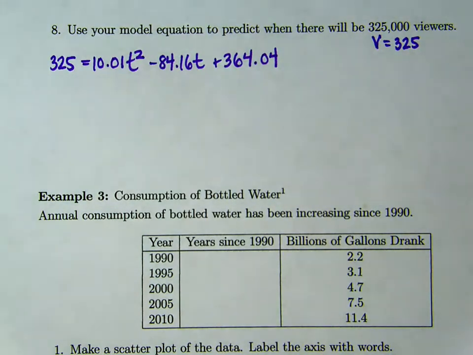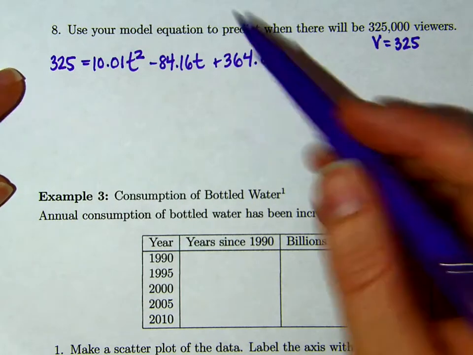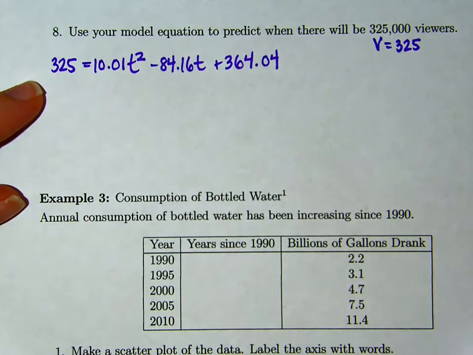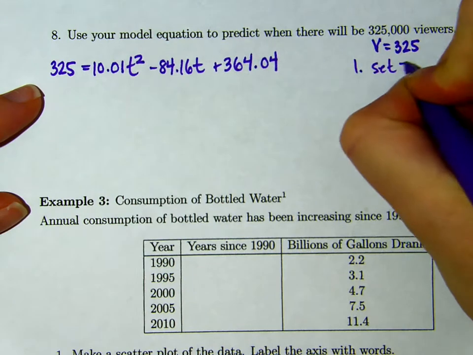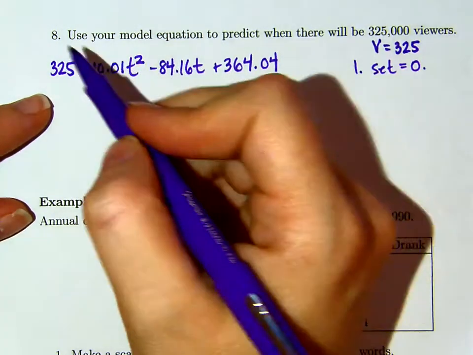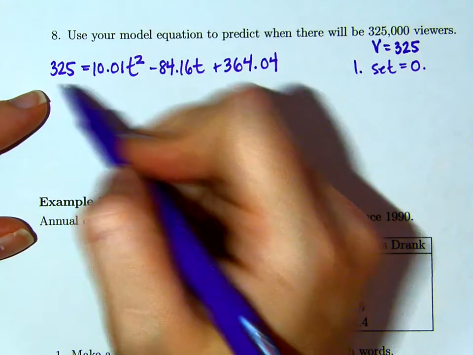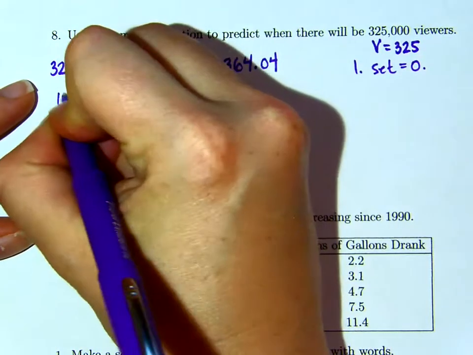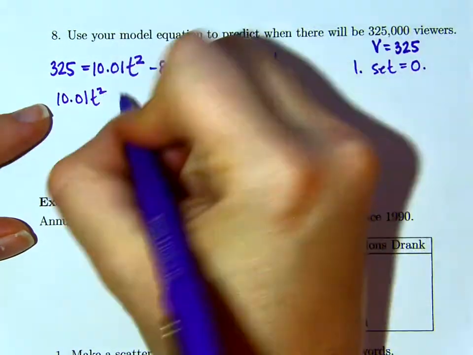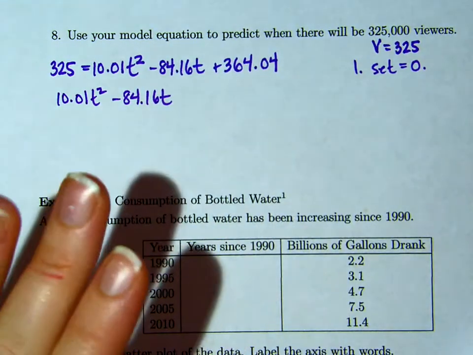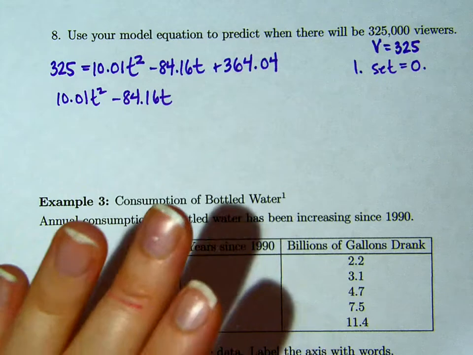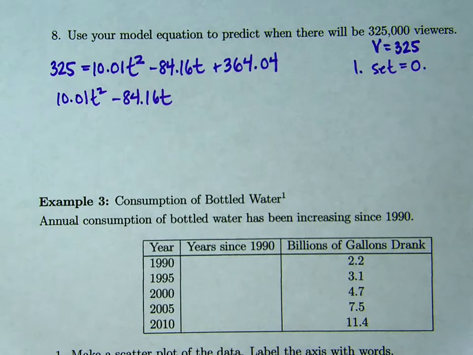Okay, I don't know if you see it, but I see a quadratic equation. So we have to follow our steps in order to solve this quadratic equation. Okay, step 1. Set equal to 0. I have to subtract this 325 from both sides. So we have 10.01 t squared minus 84.16 t plus, what is 364.04 take away 325?